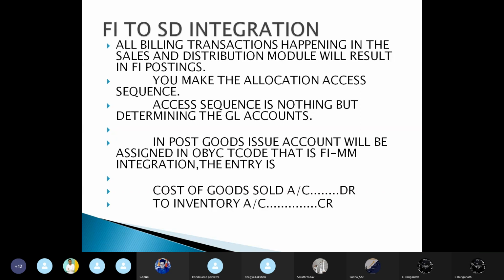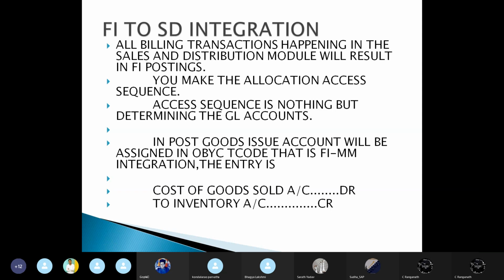For GST, the access sequence MWS will be assigned. Here also, some GL accounts are assigned, similarly to the GST accounts. In post goods issue, the account will be assigned in OBYC transaction code, that is FI to MM integration.